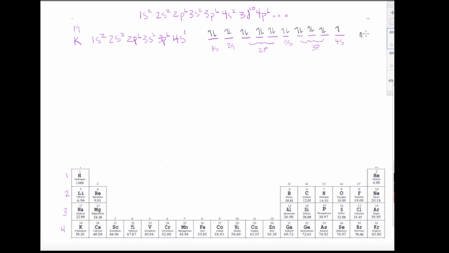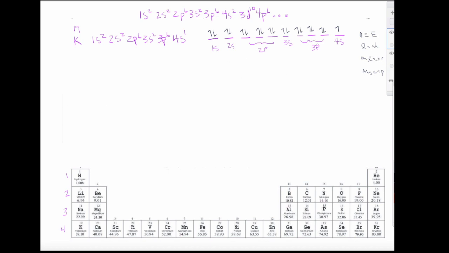If you need to, you can go to the past lessons to sort this out. So this would be energy level. Then we're going to have the shape. Then we're going to have orientation. And then we're going to have the spin number.